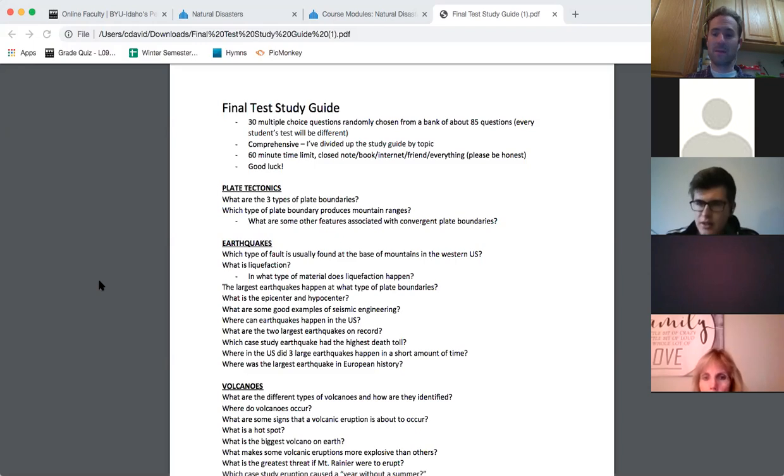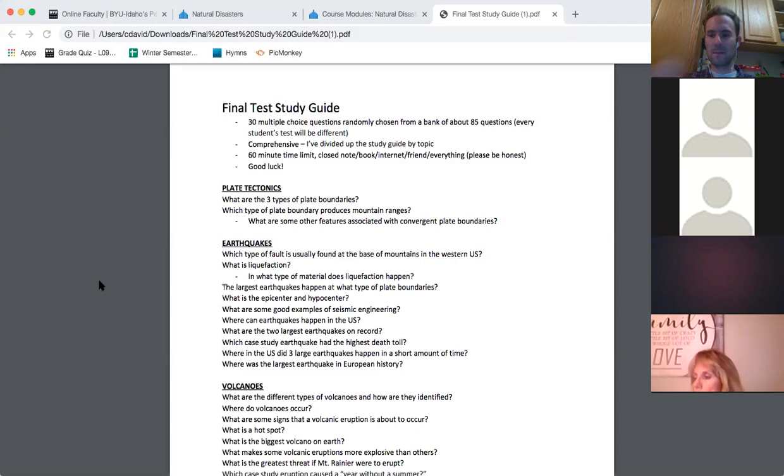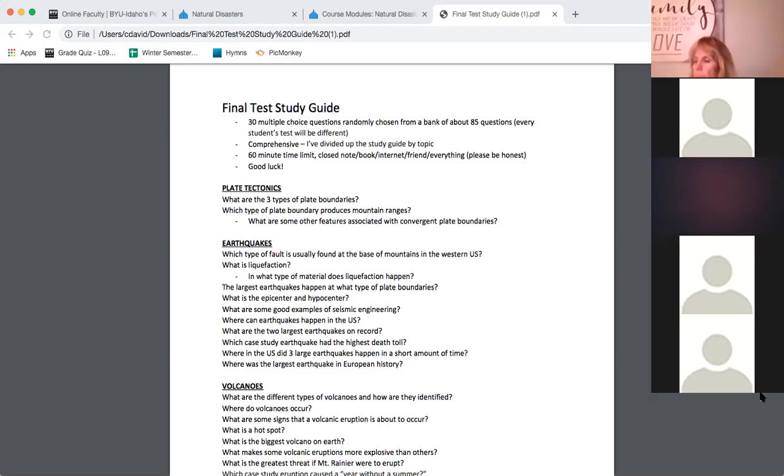Yeah, good job, Karen. It's convergent. Okay, someone else, which is the one that's pulling apart? Anyone else? Give it a shot. Okay, so divergent is when they pull apart.